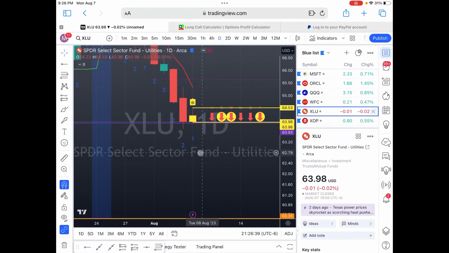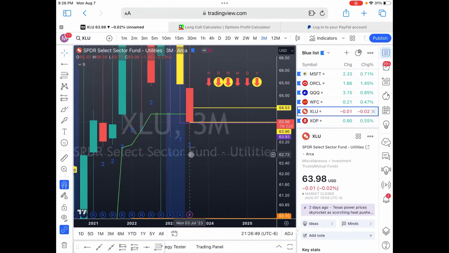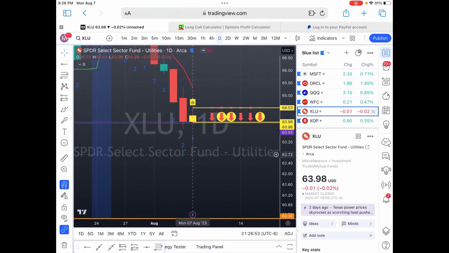Now, this opened in August 7th, it looks like. Or was that where we are? Sorry, this is the day. The 3-month opened in July. So we still have some time here, July, August, and September, for this to continue to trend down. So it's just another tip, another hint that you guys can look for when you're looking for setups.